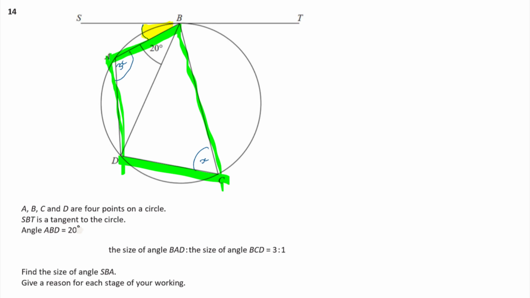Like with these harder problems, you've got lots of things you need to sort out. So I just think, well, what can I find straight away, and then see what I can find from that, and then hopefully I'll make my way around to the thing I actually want to find. So I'm going to start with the cyclic quadrilateral because I know a fact about cyclic quadrilaterals.